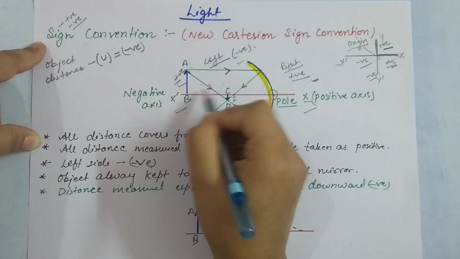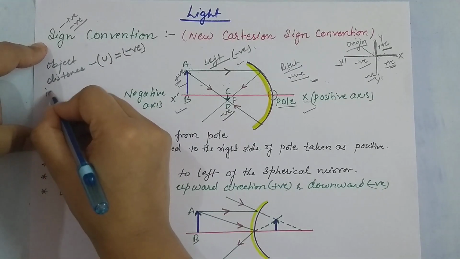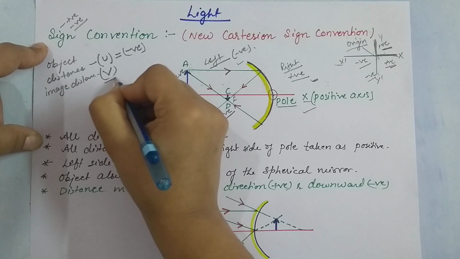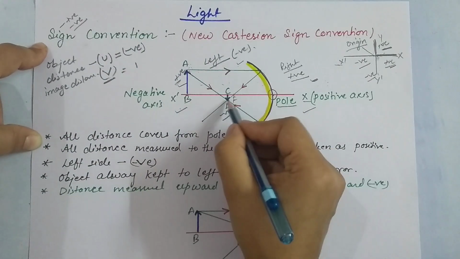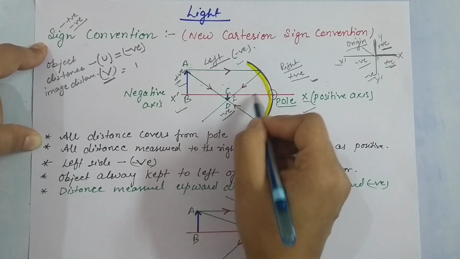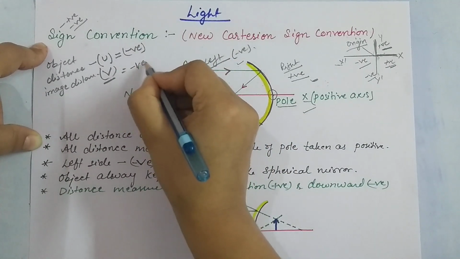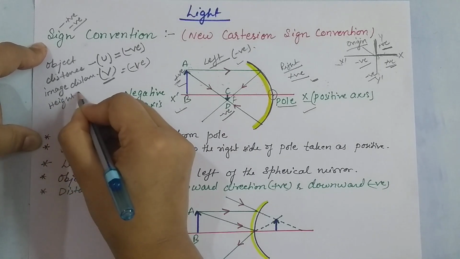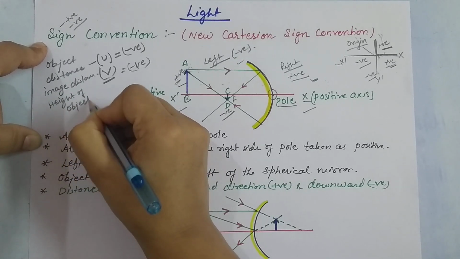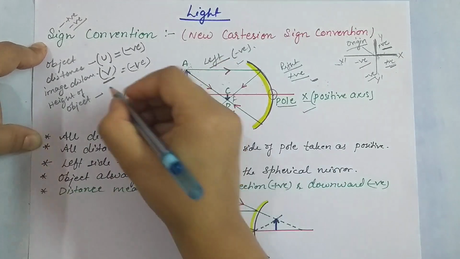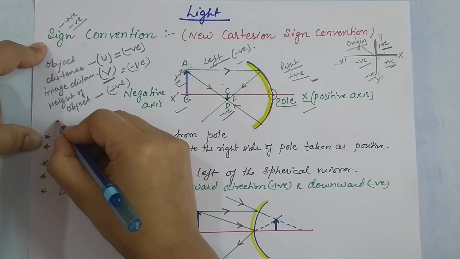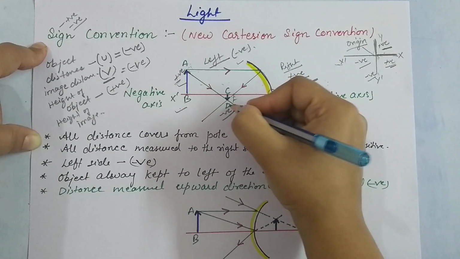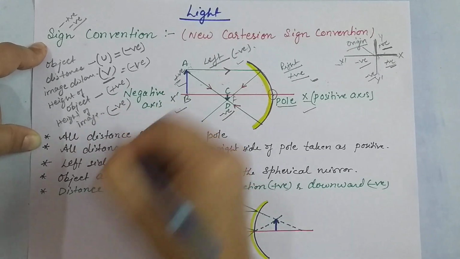The image distance, denoted by v, is also on the left side, so it is considered negative. The height of the object is upward, so it is positive, and the height of the image is downward, so it is negative.